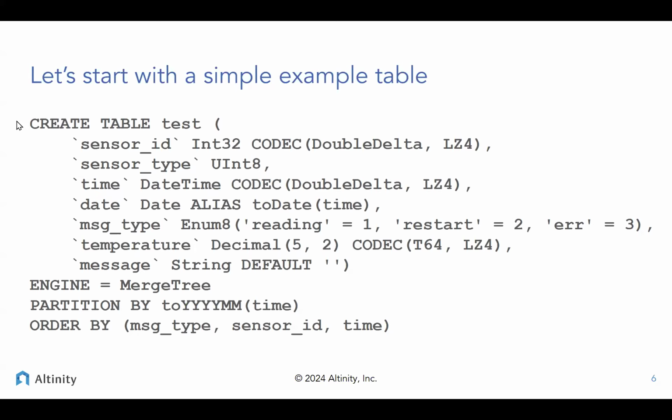But basically what it's doing is measuring temperatures. They come from sensors. The sensors have types. There's a time when the measurement is taken. There's the actual temperature itself, and then other measurements coming from the device, or events, like, hey, it's restarting, or it got an error, and so forth.